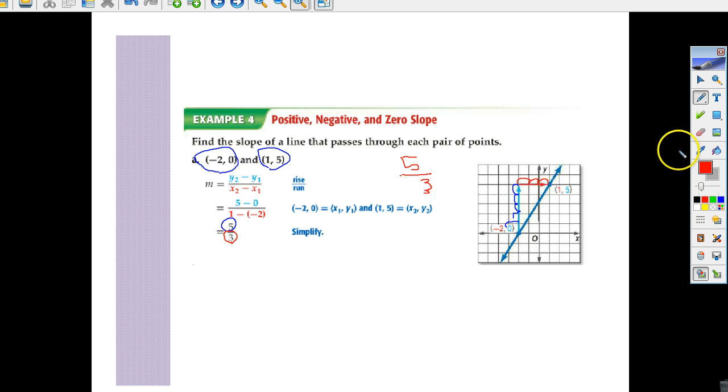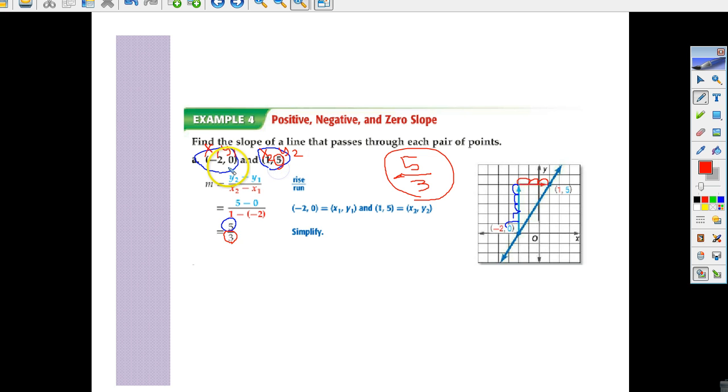But if you don't have a graph and you don't have any graphing paper or anything, and you just have those 2 points, those 2 coordinates, then you can still calculate it. So let's say this is x1, y1, and x2, y2.